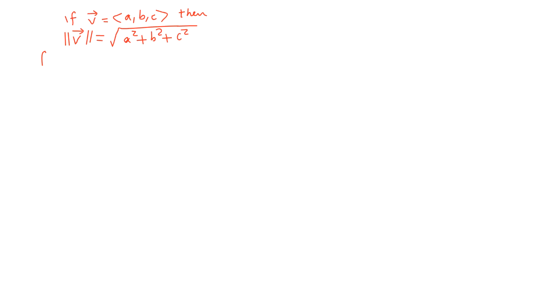For example, the magnitude of minus 2i minus 3j plus k equals radical of the square of minus 2. We squared minus 3.